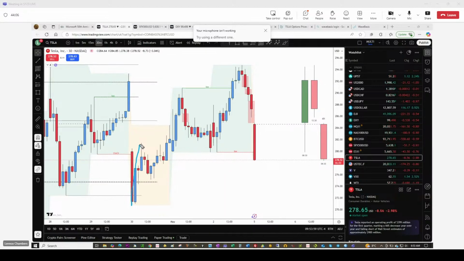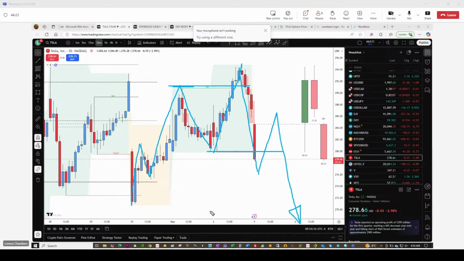So we had our 1, 2 here, 3, 4, expecting them to go up and take out this high. They did. And now they've come back and taken out the low. So this move down, we could see a bounce back up and then a continuation to the downside to take out these lows. So that's a likely scenario for Tesla. So we'll see how that plays out.